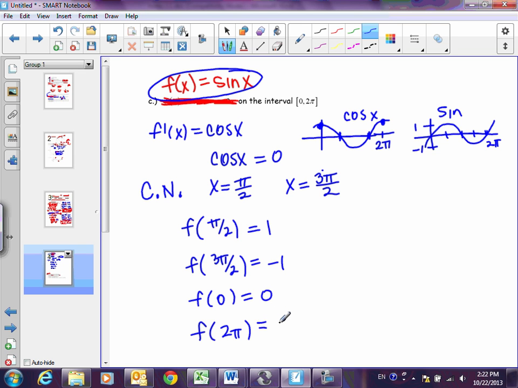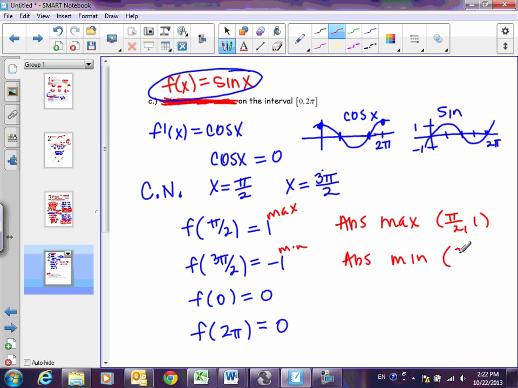What's sine of 0? And 2 pi? 0. So when we're looking for our max and our min, remember we're just picking out what's the highest value, what's the lowest value. So here's my max, here's my min. So I have an absolute max at pi over 2, comma 1, and I have an absolute min at 3 pi over 2, -1.